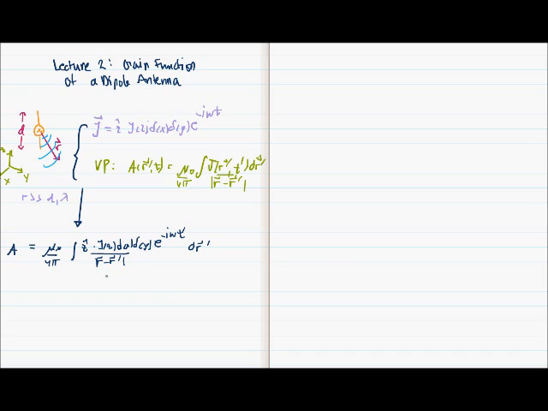One thing quickly to notice is that we're working in units of retarded time. So this becomes a function of r prime, actually still t, but retarded time takes the form of this. It's equal to t minus r prime over c.